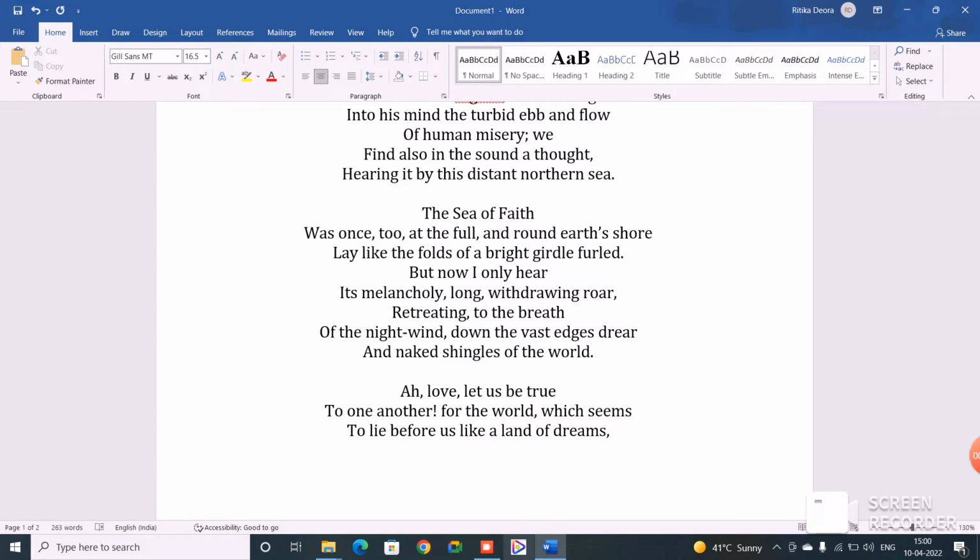In the present, the poet only hears a melancholy, long withdrawing roar, which means that now this tide of faith, which was at its full, is drawing back. It is retreating. And while it is drawing back, it is making a grating roar, as we read in the first stanza. It means it is showing something which is disturbing and sad, which is negative, which is not good.